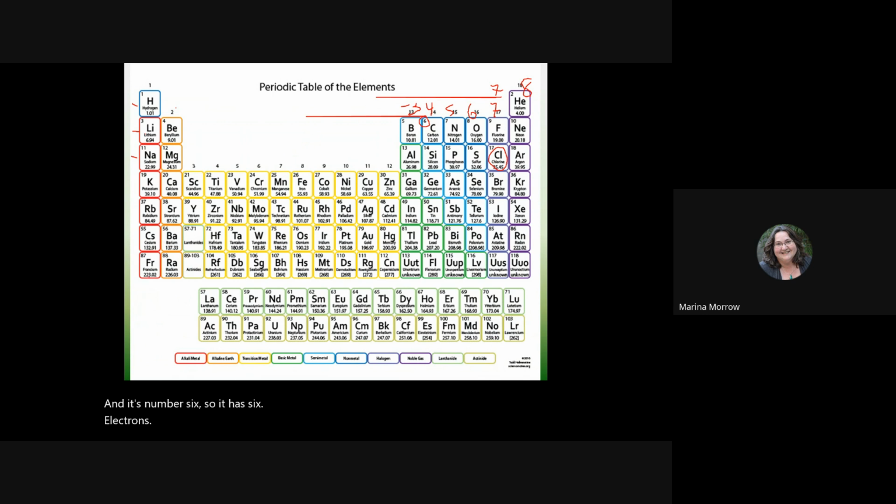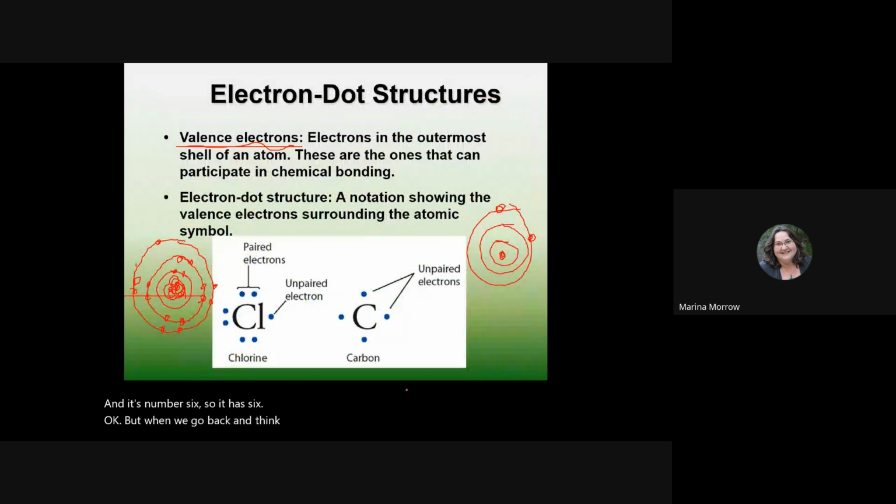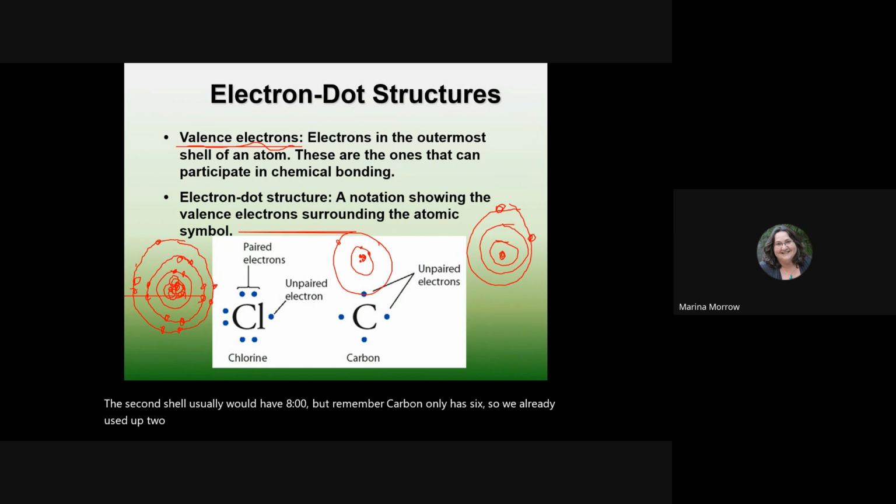Okay, but when we go back and think about what it looks like, because it has 6 protons and 6 electrons, and usually 6 neutrons in the nucleus, then again, that first shell is always going to have 2. The second shell usually would have 8. But remember, carbon only has 6, so we already used up 2. So that means that carbon only has 4 electrons in its outer shell.